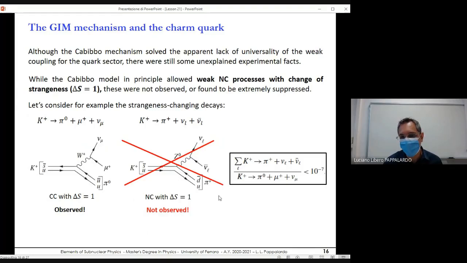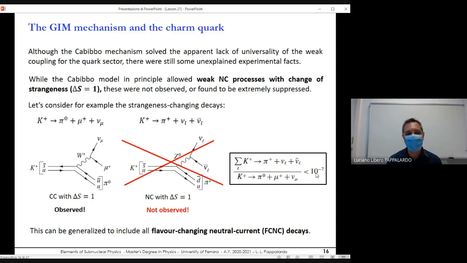And indeed, if you measure now the ratio of the two branching ratios, we find that the second one, so the neutral current one with the flavor change, is suppressed by 7 orders of magnitude. And this problem can be actually generalized to any flavor changing neutral current decays.